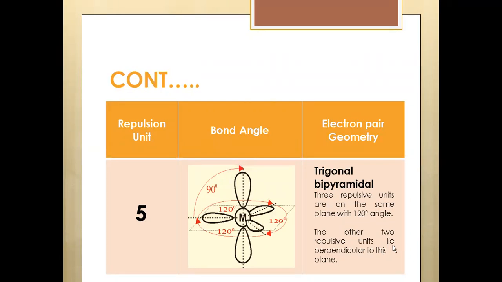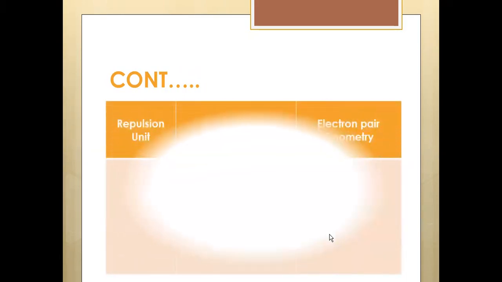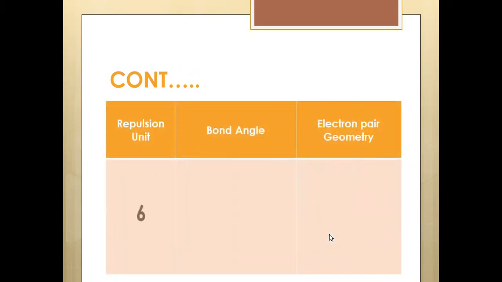Okay, so let's move on to the final tabulation, when you have six repulsive units. That also seems similar to what we studied under trigonal bipyramidal.